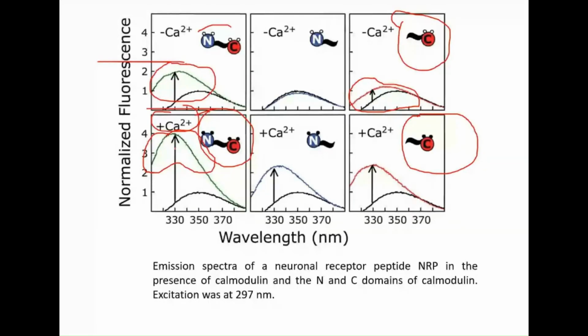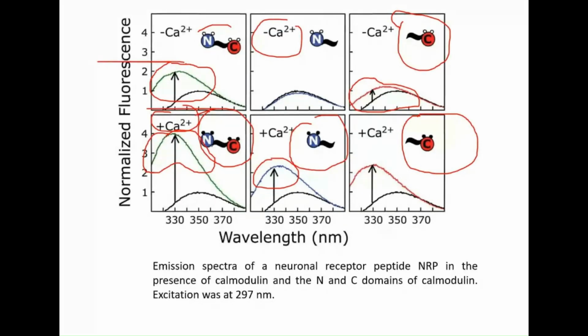That means calcium binding induces a structural conformation change of this particular protein. When they retained only the N terminal, there is still a weak fluorescence signal, but in the absence of calcium there won't be any fluorescence at all. That means this protein is capable of binding calcium, and calcium binding induces the structural conformation of this protein.